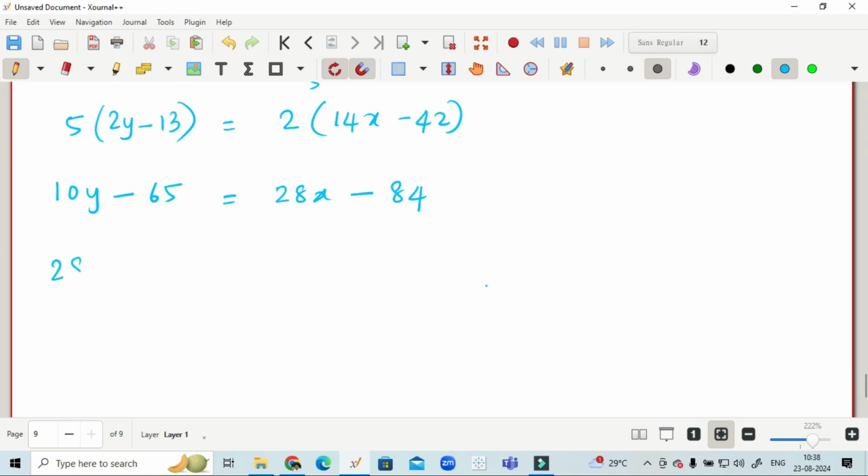So 28x minus 10y is equal to 84 minus 65, that is 19. So 28x minus 10y minus 19 is equal to 0.